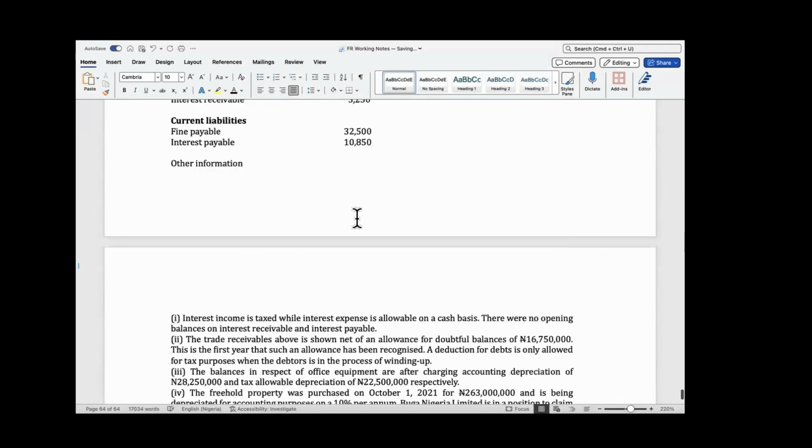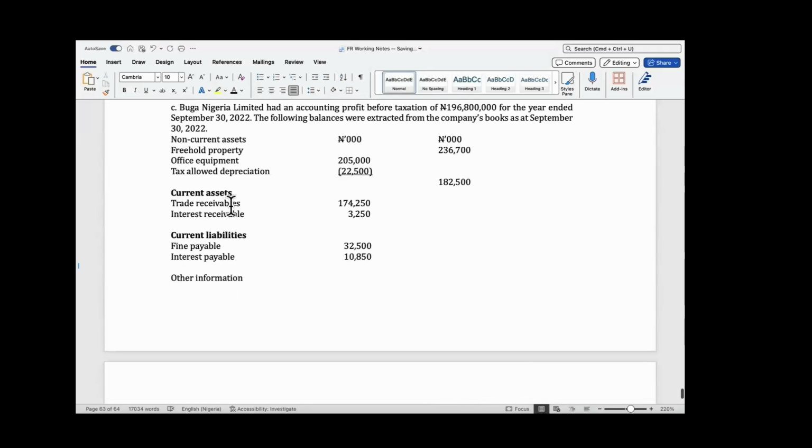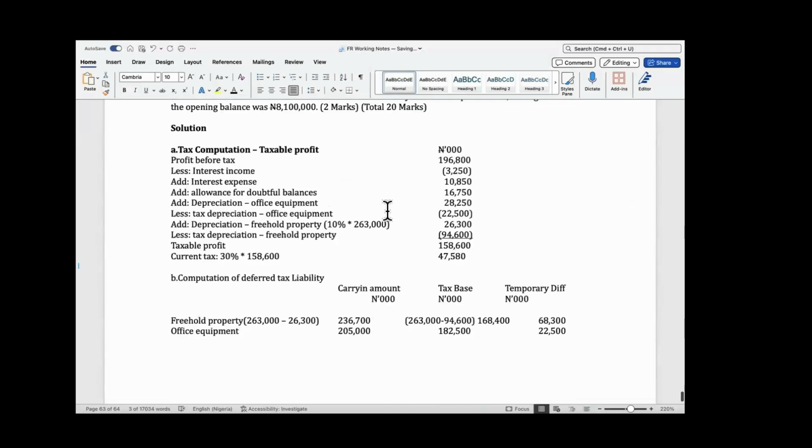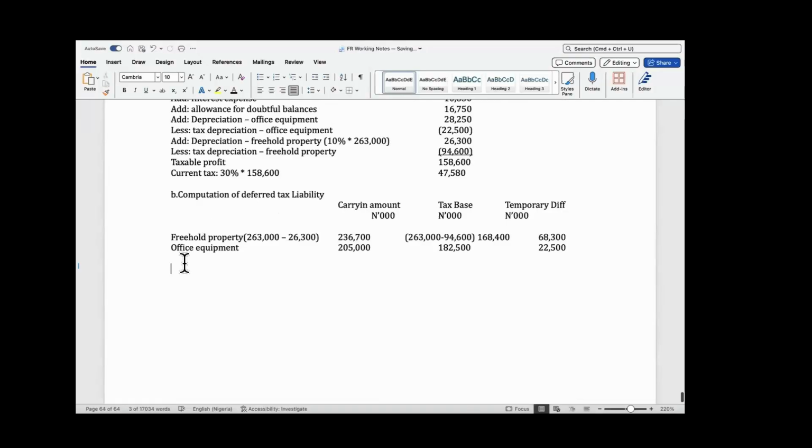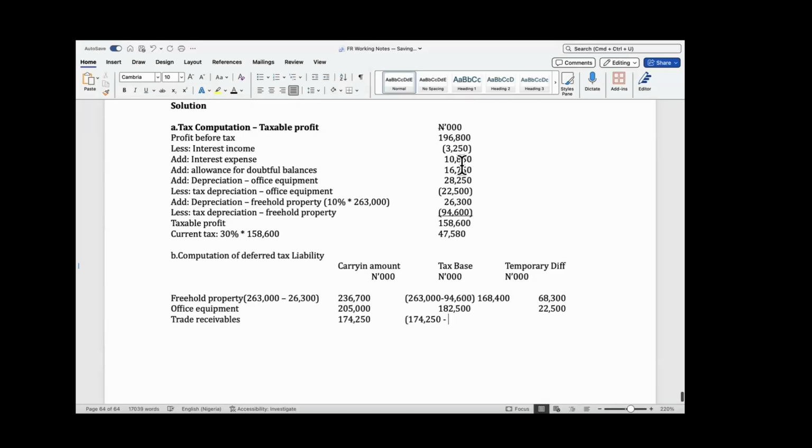Then the next item is trade receivables. And this is the carrying amount. This is trade receivables. And what is the tax base? So the tax base, because the taxman would not allow the 16,750, this one.